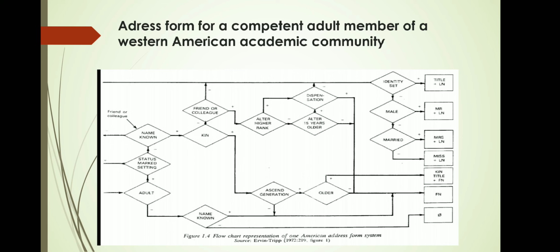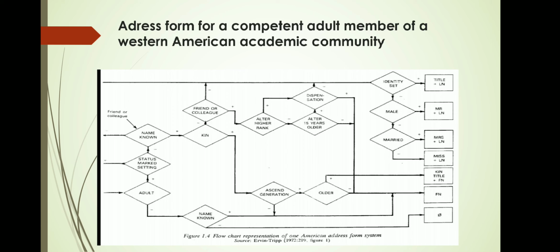And we have two exits from each decision point, depending on whether the condition is met or not. When met, we have plus, and when it is not met, we have minus. So to work out the correct address form to use, you simply follow the appropriate path through the chart.